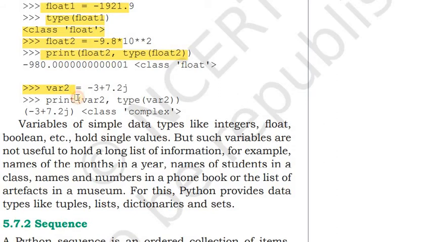Next, var2 equal to minus 3 plus 7.2j. You are assigning the value to var2. Now you print var2, the value of var2, and type of var2. So the value of var2 is minus 3 plus 7.2j and type of var2 is class complex. This is the output, class complex.